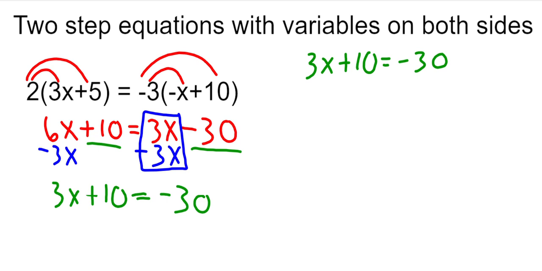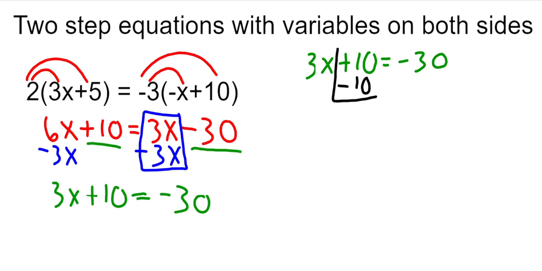So if we have 3x plus 10 is equal to negative 30, we might be able to figure that out. But if we move our numbers to one side, if we wanted to get rid of that plus 10, we could get rid of it by minusing 10.